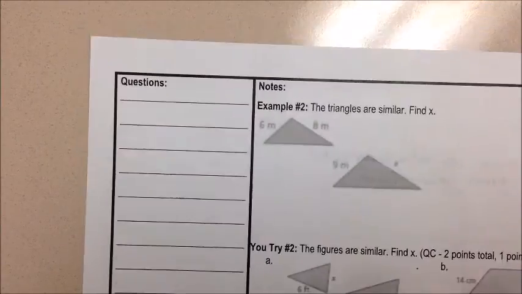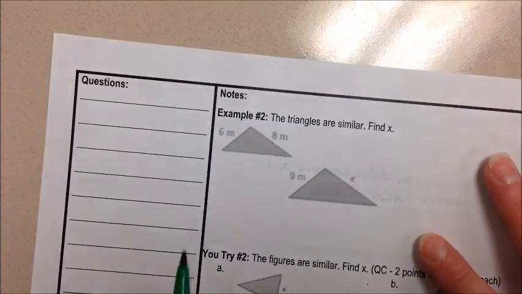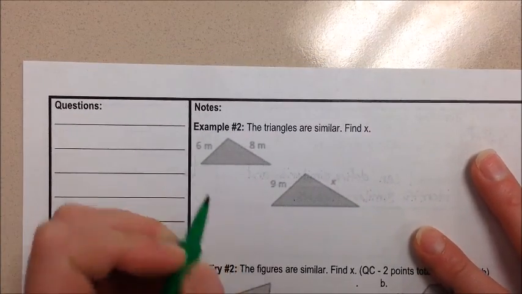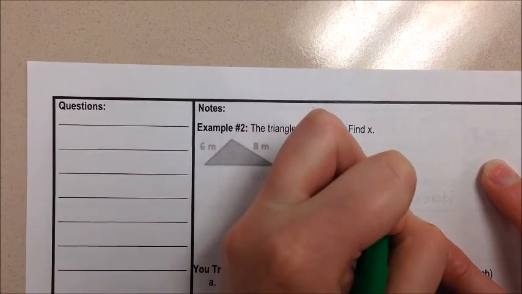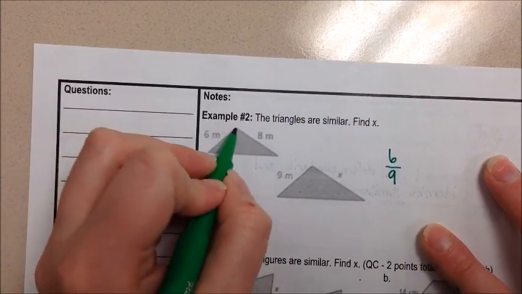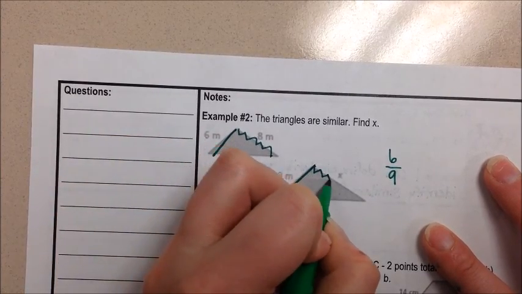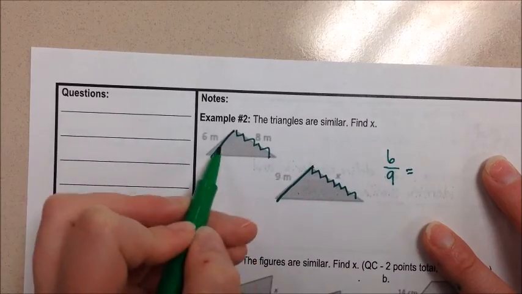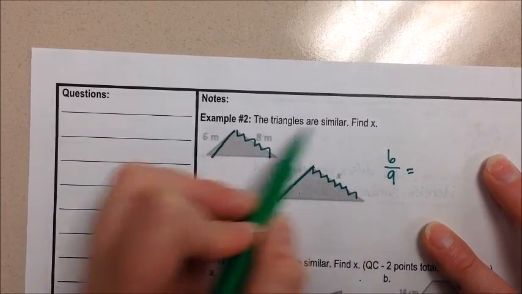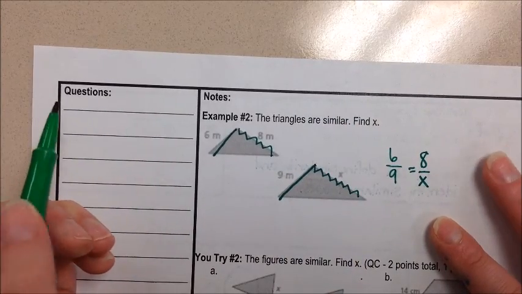Example number 2 says the triangles are similar, find x. So I'm going to set up a proportion. I'm going to do this side over this side, so 6 over 9, equals this side and this side go together, and then this side and this side. Because I put the 6 in the numerator in this fraction, I have to put the 8 in the numerator in this fraction. They have to be in the same spot.